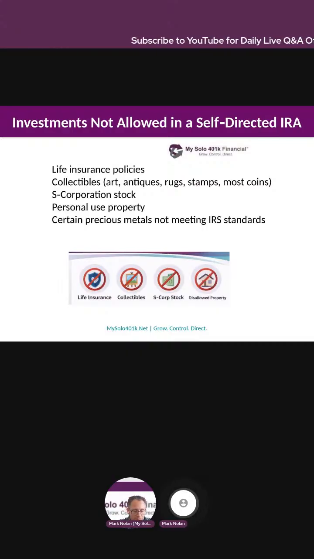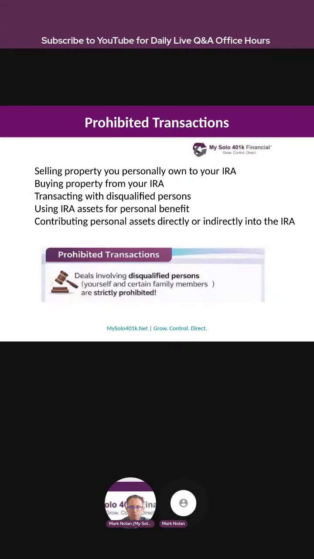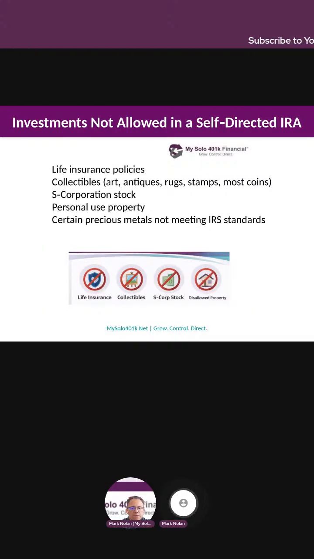Today, we're going to cover what investments are prohibited in a self-directed IRA, what transactions are not allowed, the consequences of violating the rules, and the key differences between a self-directed IRA and a solo 401k plan. Let's talk about investments not allowed in a self-directed IRA. Give me a moment while I pull up that slide here.